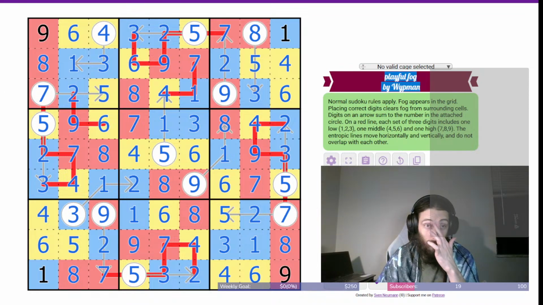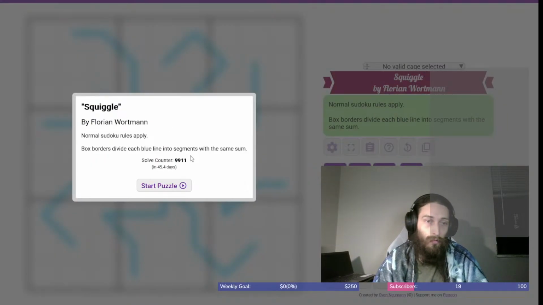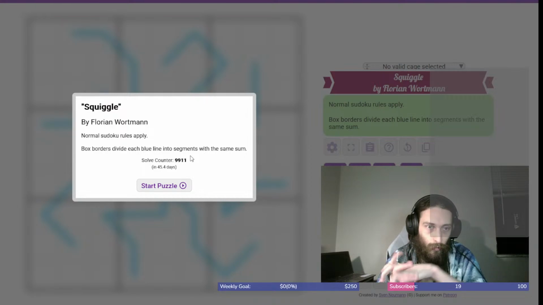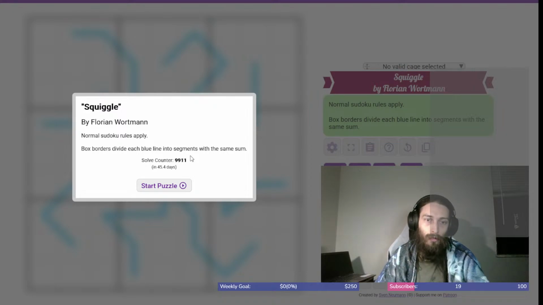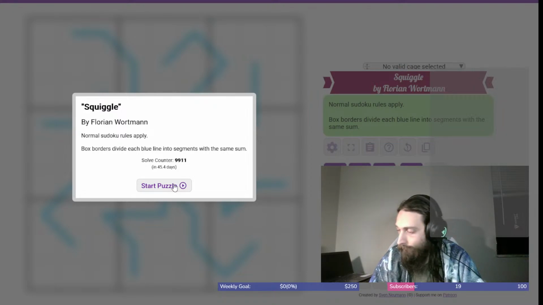Next puzzle is going to be Squiggle by Florian Workman. Normal Sudoku rules apply. Box borders divide each blue line into segments with the same sum.